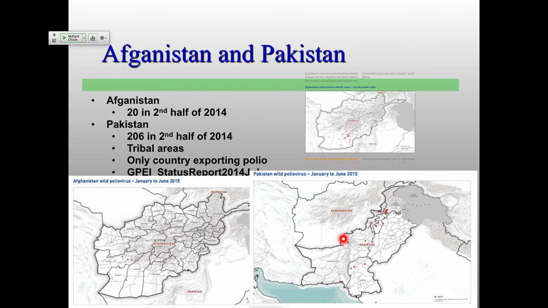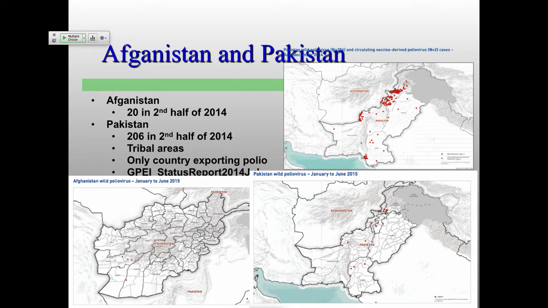Pakistan has a bit more of a problem, and this is also in the so-called tribal areas of Pakistan, very close to the Afghan border, where there's a lot of activity of multiple different groups. And this is blowing this up, this is from last year. Here, almost all of the poliovirus activity is in these, again, tribal areas, relatively lawless areas, but also in some of the major conurbations.